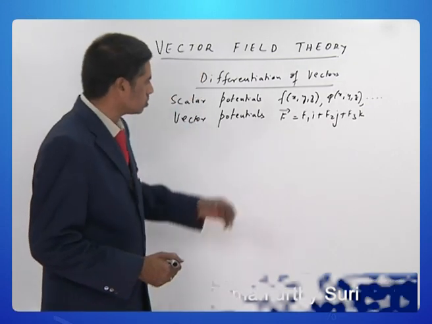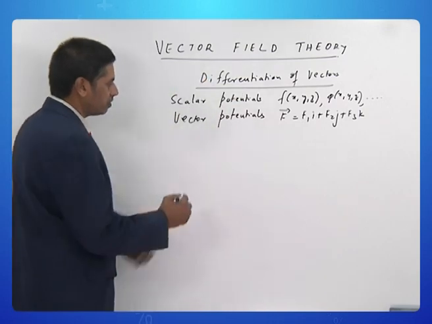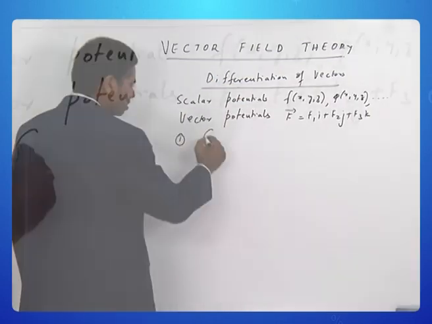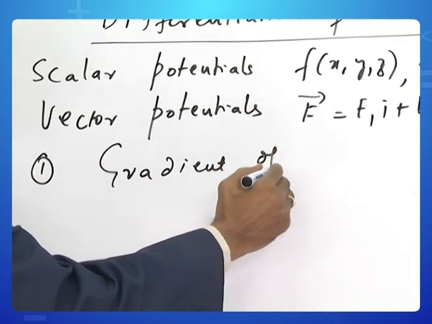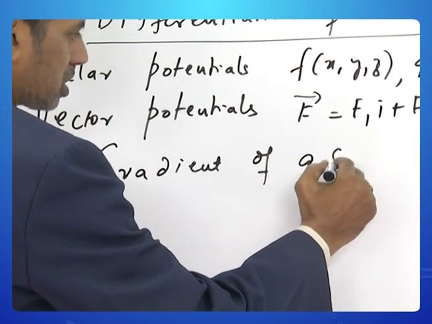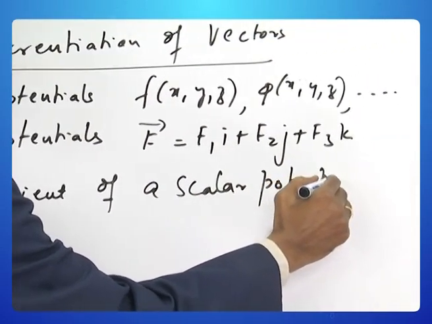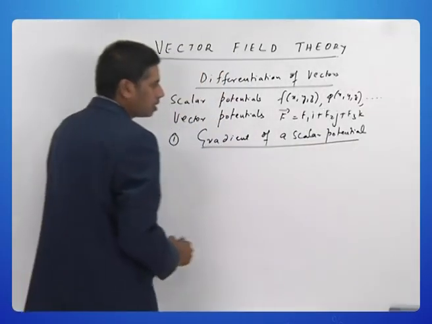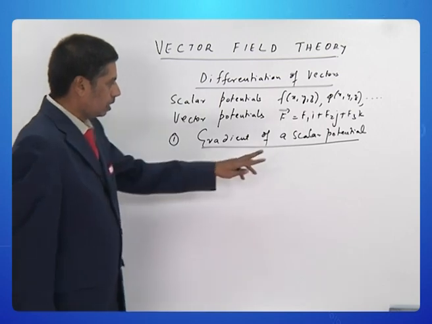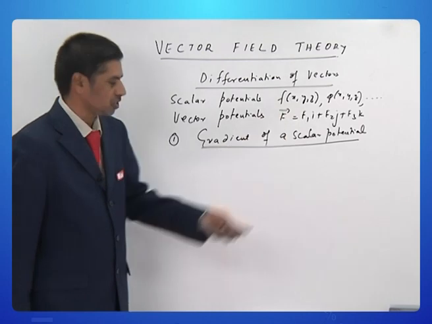Now, once these two types of potentials have been defined, in vector differentiation, the first concept is the concept of gradient of a scalar potential. Now, mind you, gradients are defined only for scalar potentials and not for vector potentials.